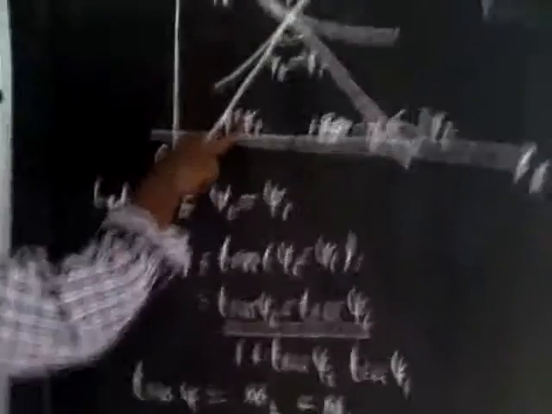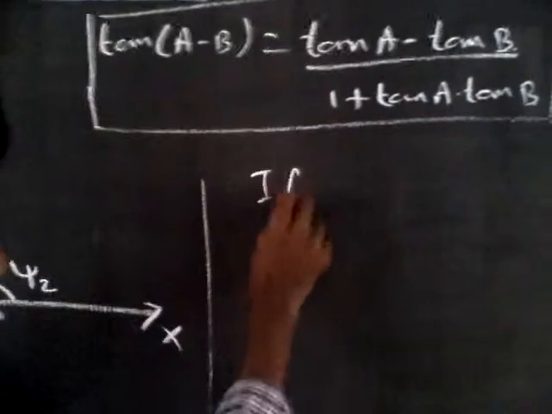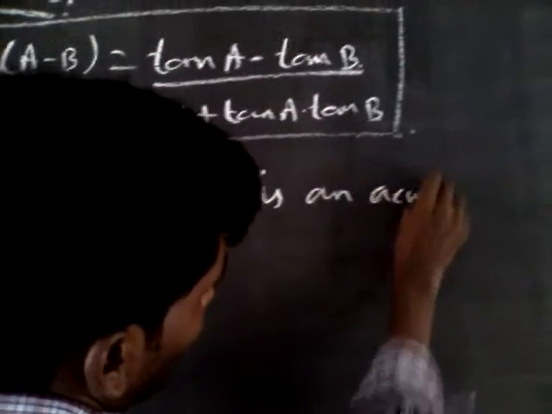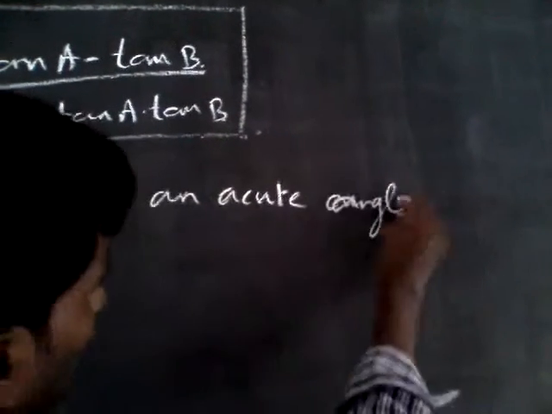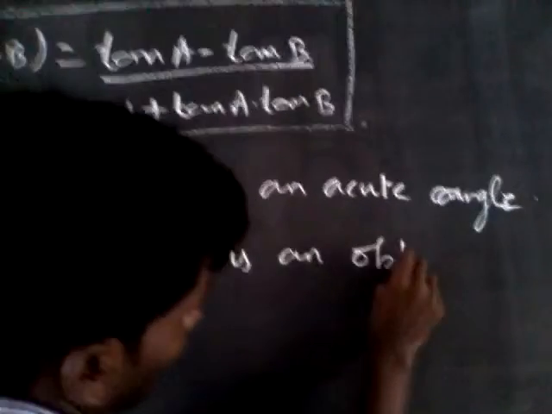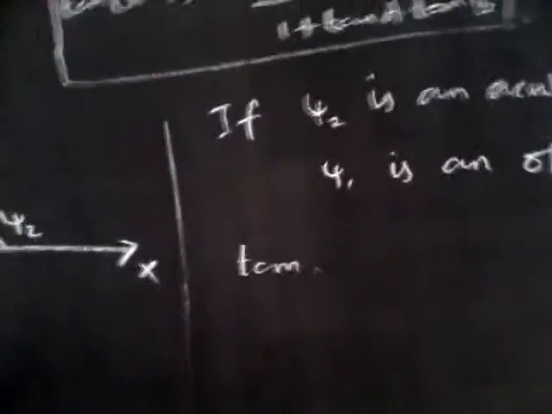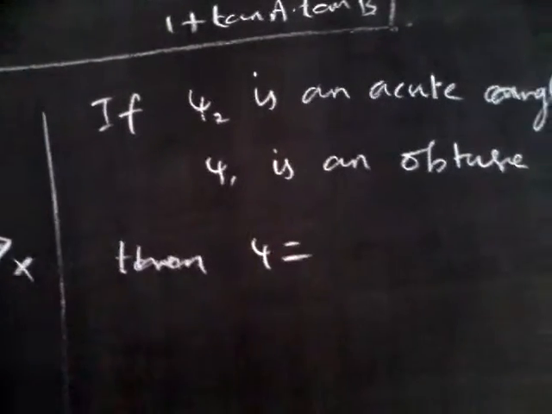Here we have taken psi1 as an acute angle and psi2 as an obtuse angle. If psi2 is an acute angle and psi1 is an obtuse angle, then psi is equal to psi1 minus psi2.